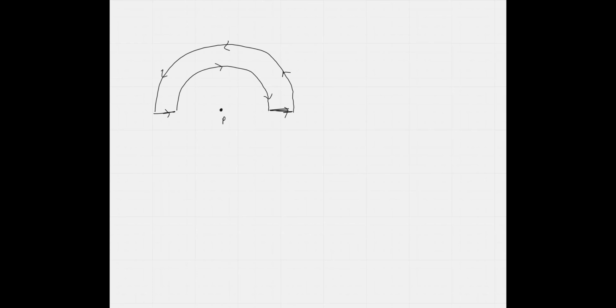This radius you can call R1, and this distance you can call R2. The current is given as I, and the radii are given to you. You need to calculate the magnetic field at the center point.